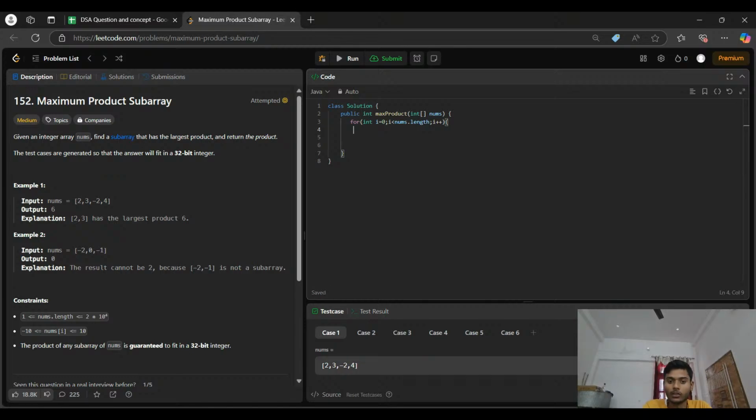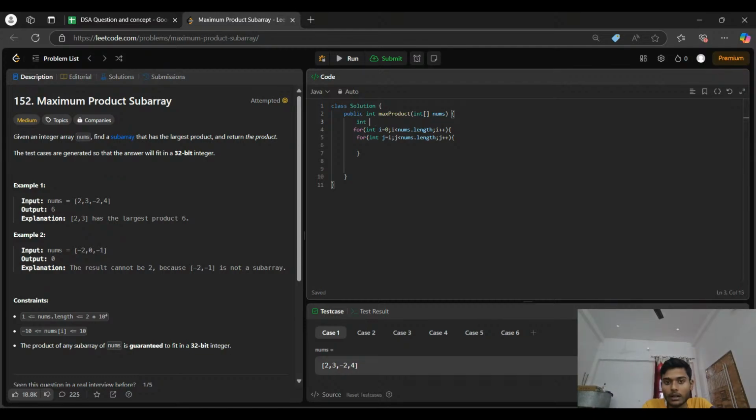Right, let's solve that. We make a variable so we can solve it.